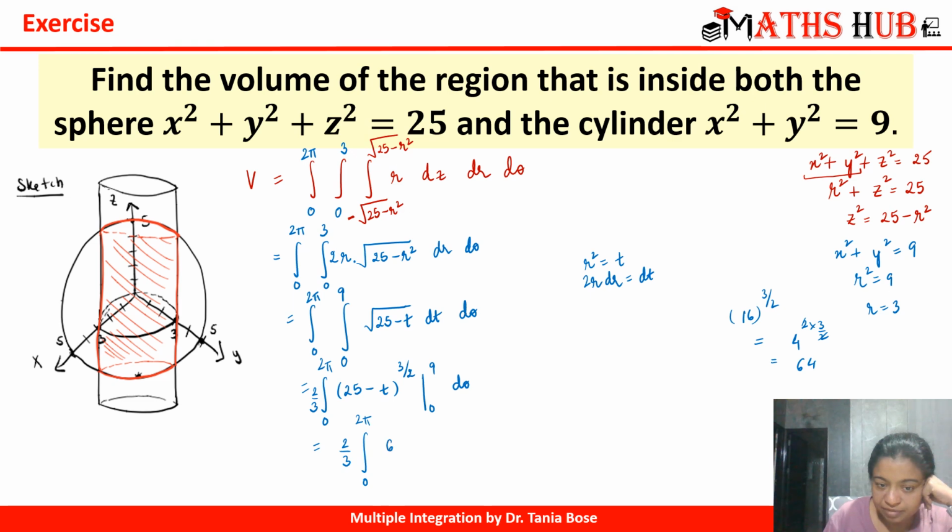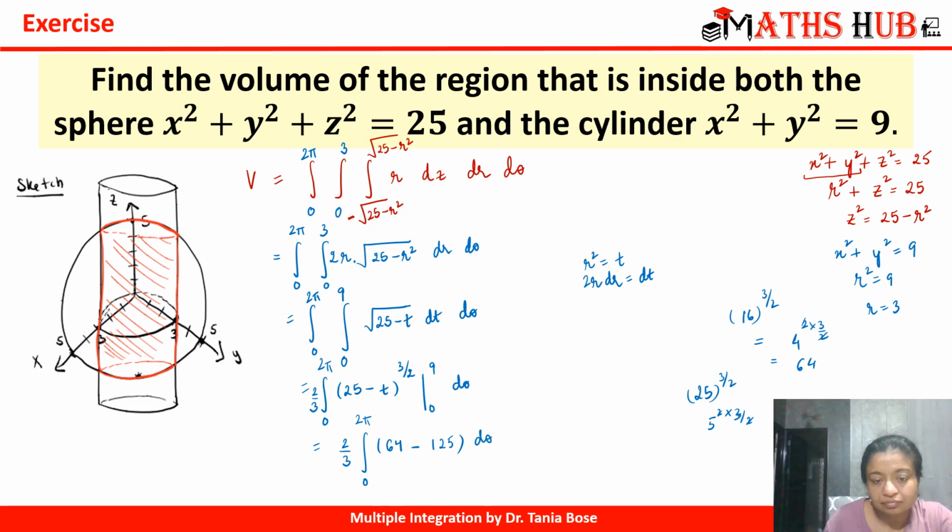So I will get the upper limit as 64 minus, when I put the lower limit, it is 25 raised to power 3 by 2. That will become simply 5 square to the power 3 by 2. So that is 5 cube, which is 125, into d theta, right?